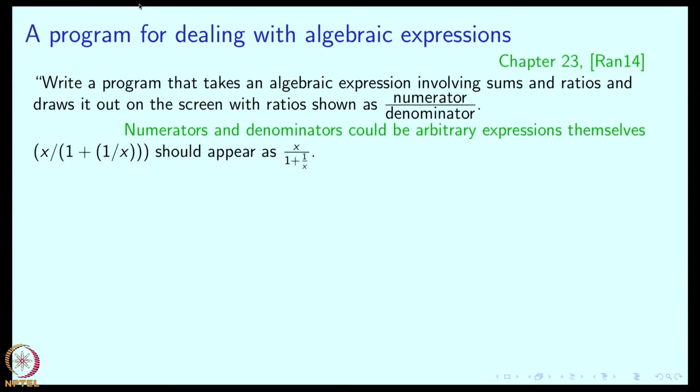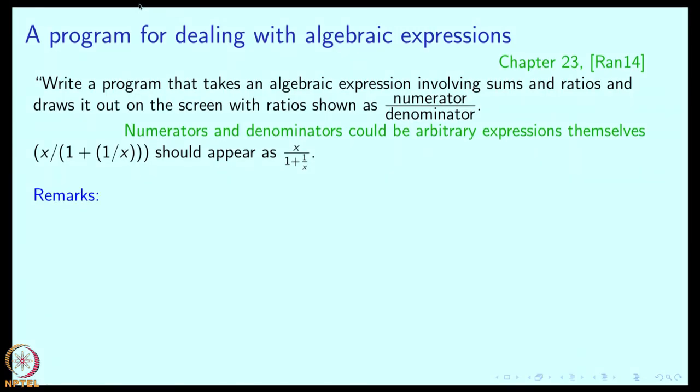So, here is an example. If we have x upon 1 plus 1 over x, it should appear in this fashion. Look, there are two levels of division and they are shown by bars of appropriate size. A few tricky things are here. We have to decide where to position the numerator and the denominator, what size bars to put in between.